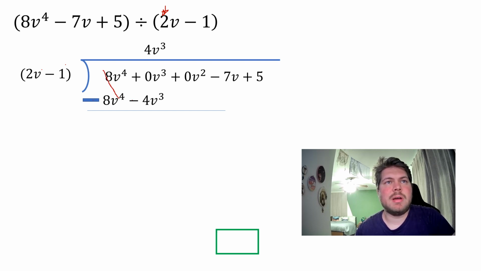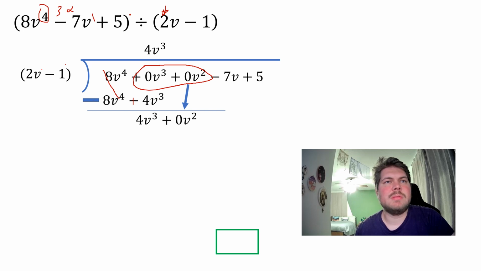The minus minus makes it plus. So now we're looking at positive 4v^3. And then we're going to bring this 0 down. Now, the reason there's zeros here in the first place was, remember, we went from 4, and then we are missing a 3 and a 2. And then this is considered 1 and 0. We want to make sure it's in sequential order.